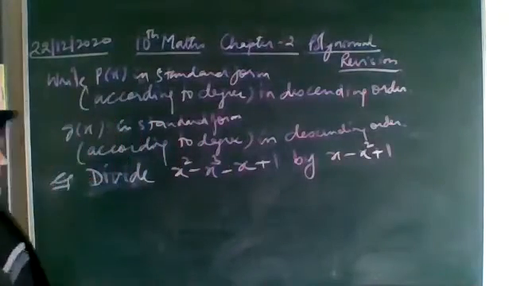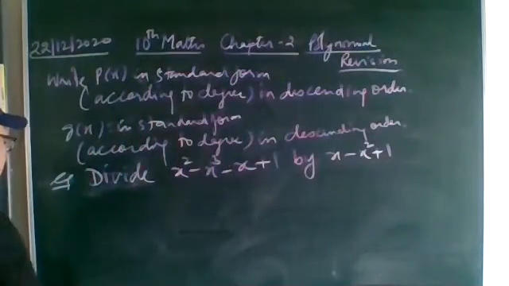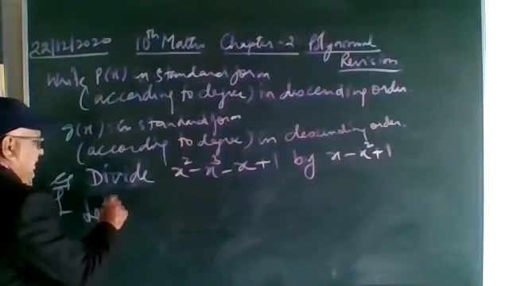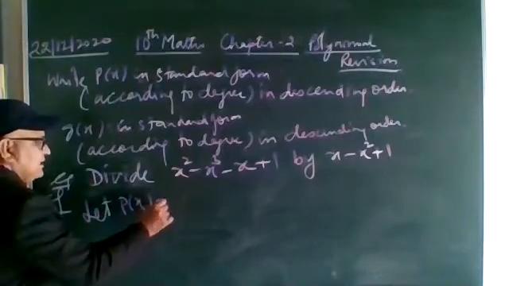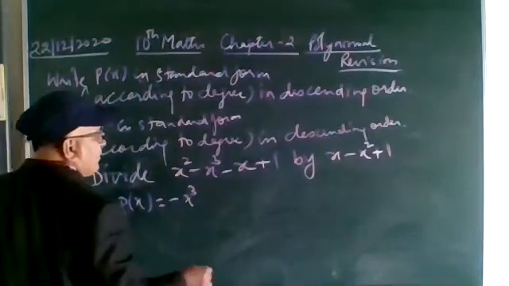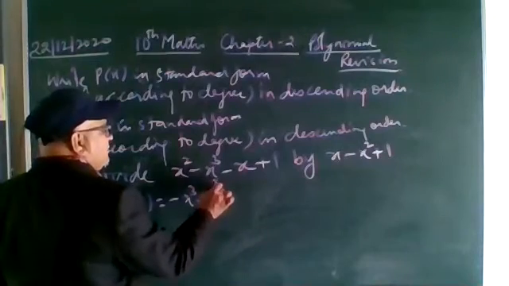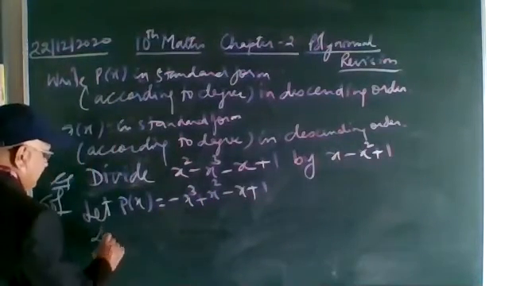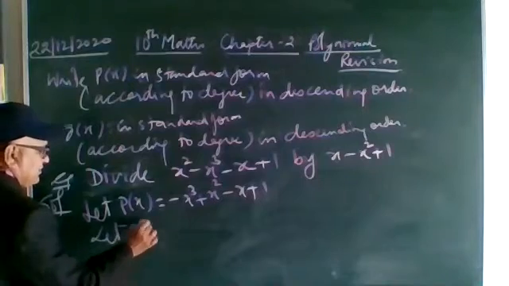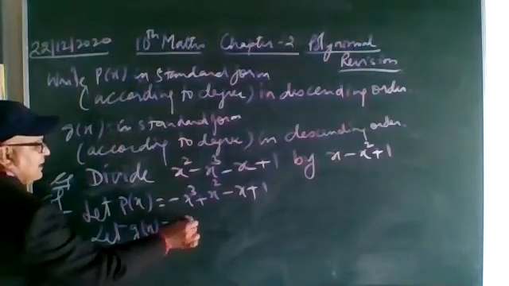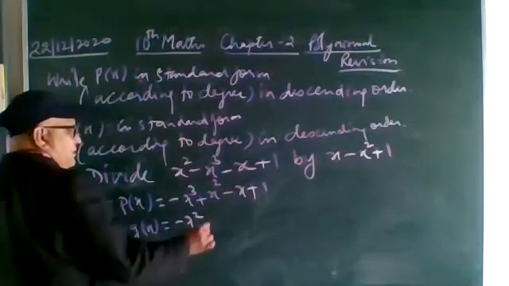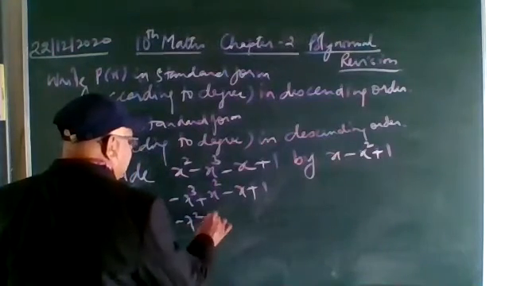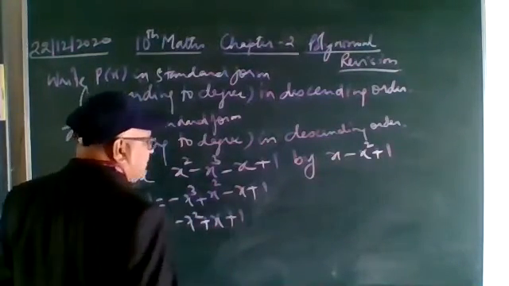So suppose this type of question is there. What do you have to do? When you write the left one, P(x), in standard form: minus x cube plus x square minus x plus 1. The left one, G(x), again: minus x square plus x plus 1.